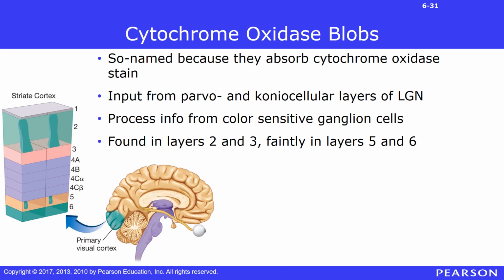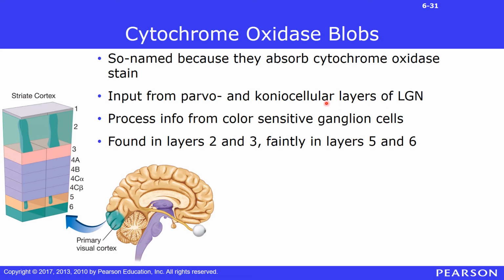And they're called blobs because, as we can see over here to the left, they've got a kind of amorphous shape. They're not nice structured columns or modules. They're blobs.